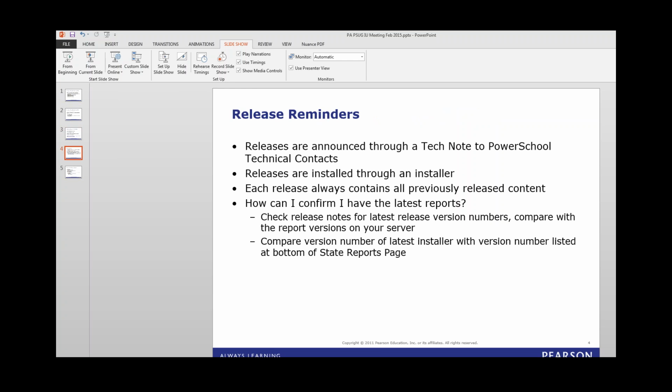The way that you confirm that you have the latest report is to check the release version numbers and compare them with the release notes, on your report submission page, and also on the first page where you log in to PowerSchool. If you mouse over there, you can see the version numbers for core and state reporting that you're on. So if you're ever wondering if you're on the most recent state reporting update, that's how you can check that.